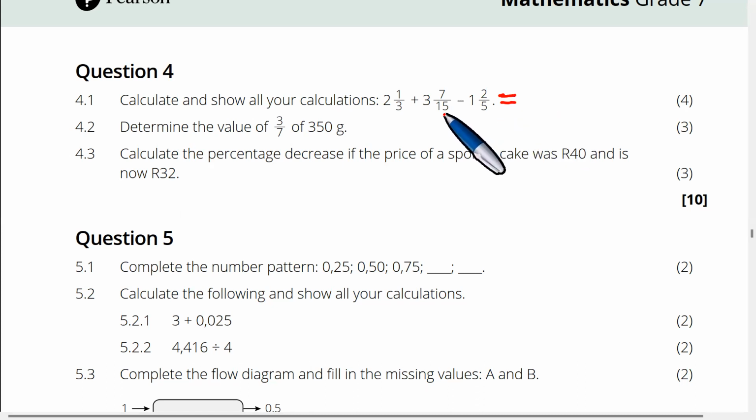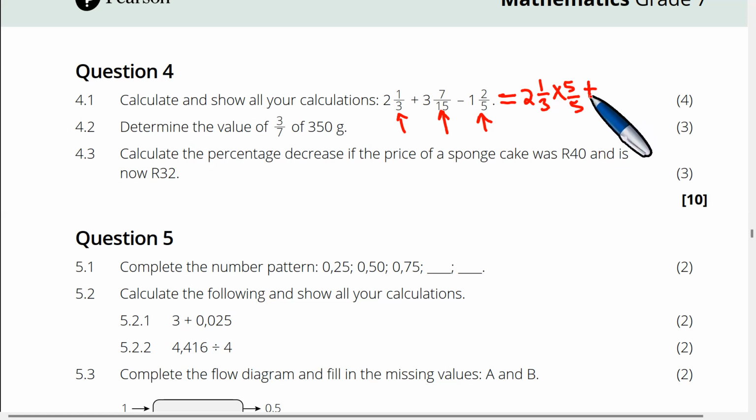Right. So what you need to look for is the LCM. Here, there is the number 15. So you must make this one 15, but you must also make this one 15. So you have 1 out of 3, and then you multiply this one by 5 out of 5. Right, like that.